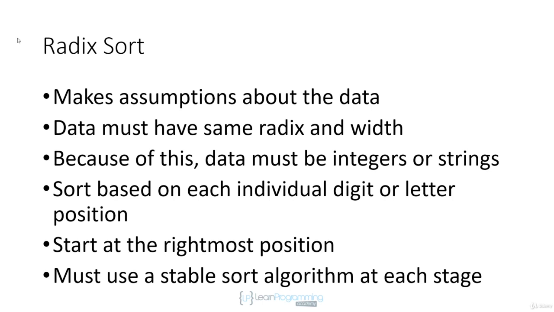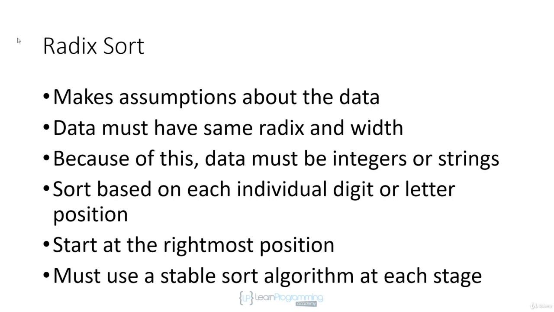So we start at the rightmost position, and we sort based on the digit or the letter at that position, and then we move to the rightmost -1 digit or letter, and we sort based on that, and we keep doing that until we've done all of the digits or letters in the values. Now, the important point here, and this is an absolutely important point, is we have to use a stable sort algorithm at each stage.